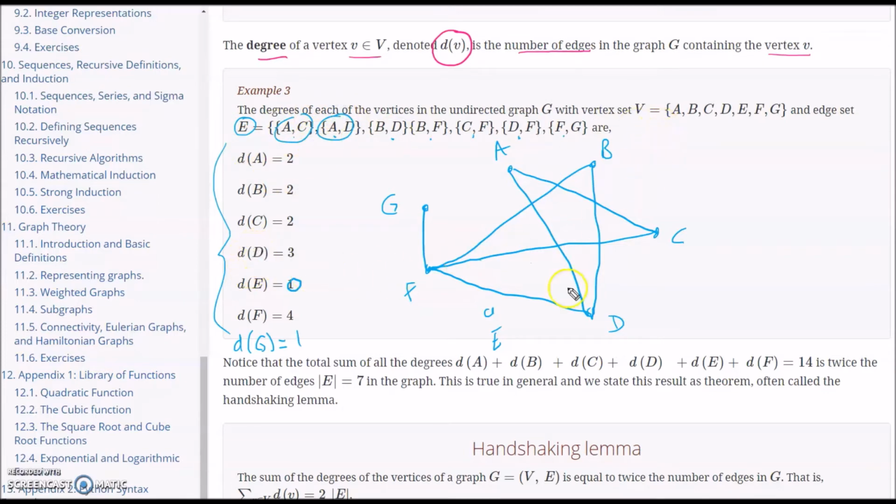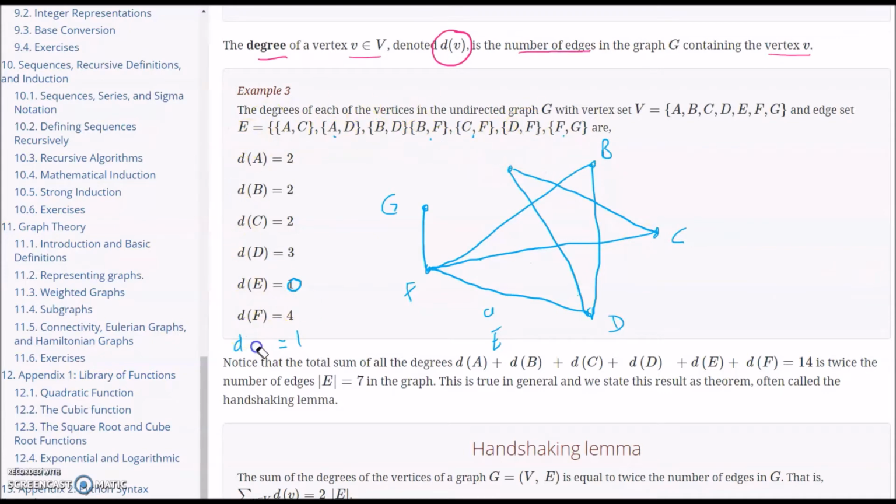Let's look at D. D has 1, 2, 3 touching it, so the degree is 3. If we count how many of these ordered pairs have D in them, there's 1, there's 2, there's 3, and so on and so forth.